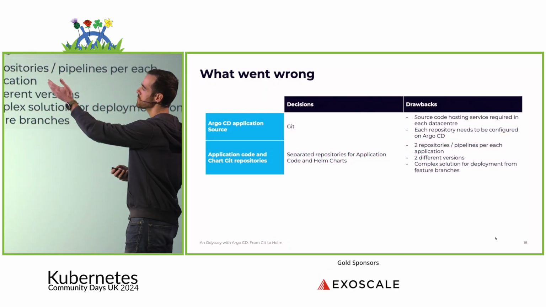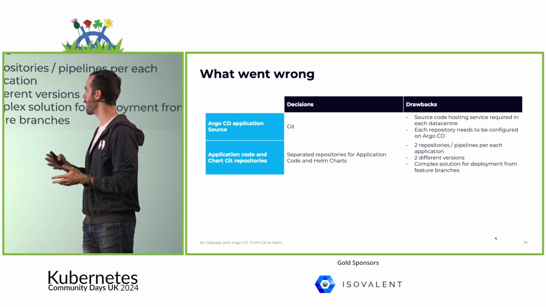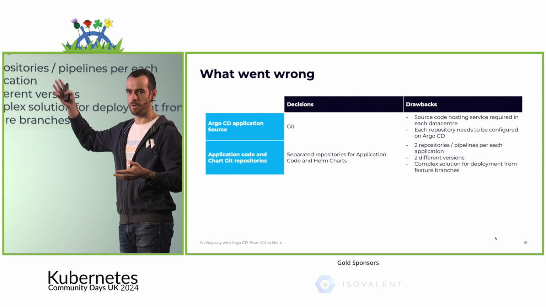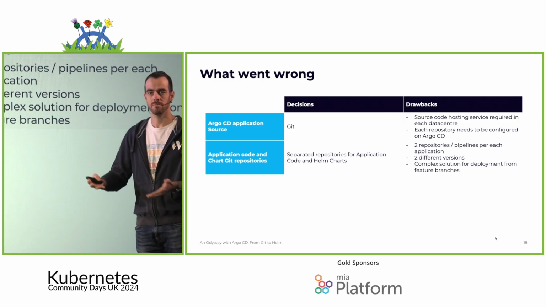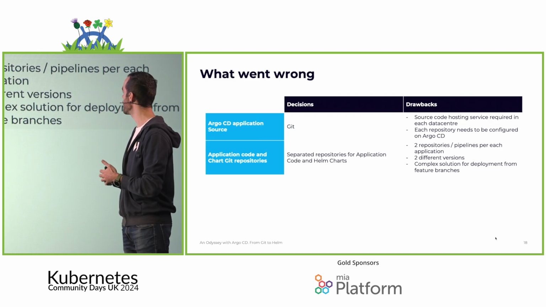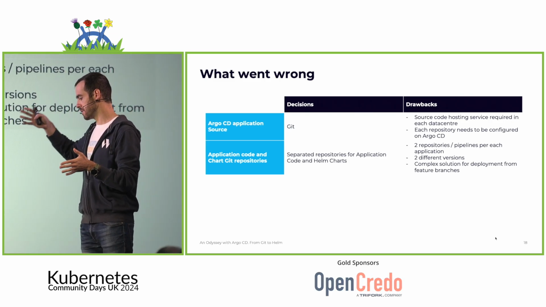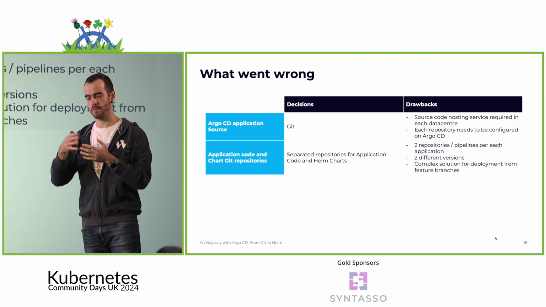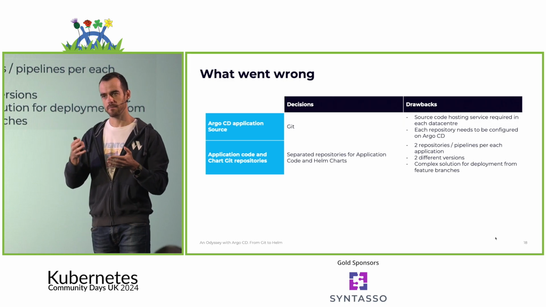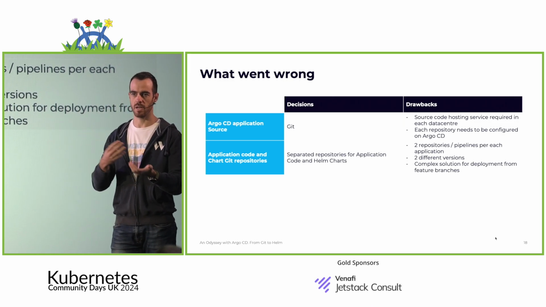Because we decided to use Git as source, we had to set up those Git mirrors I mentioned before. That was infrastructure we didn't have before, so new tools to maintain. Then, because we had to configure the Git repos in each ArgoCD instance, it implied a lot of back and forth between development teams and operations.